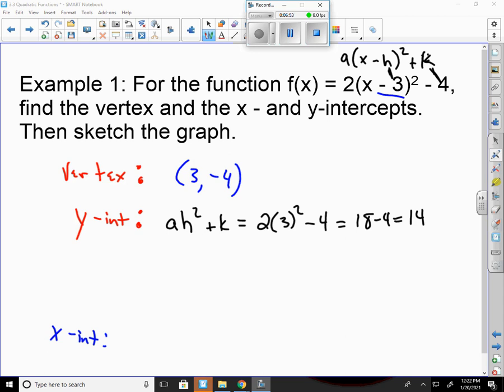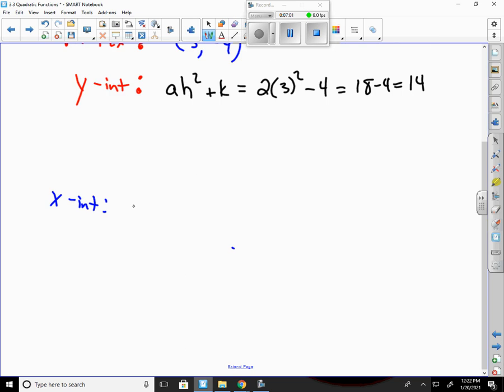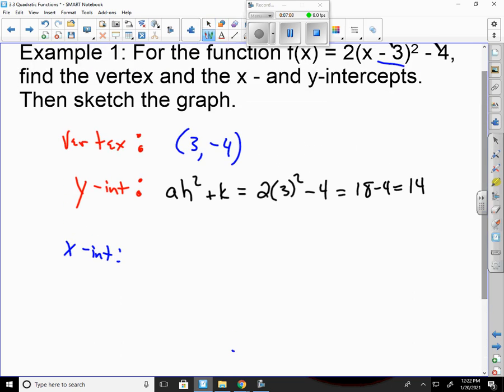Now to find my x-intercepts, I have to use the last piece that we did, which was h plus and minus the square root of negative k over a.